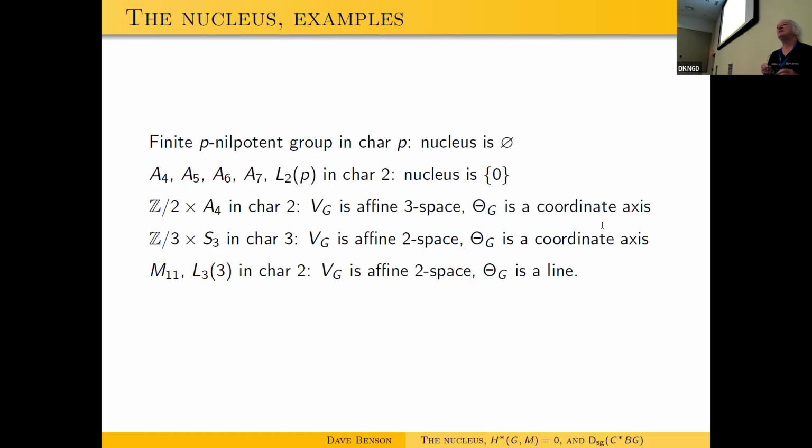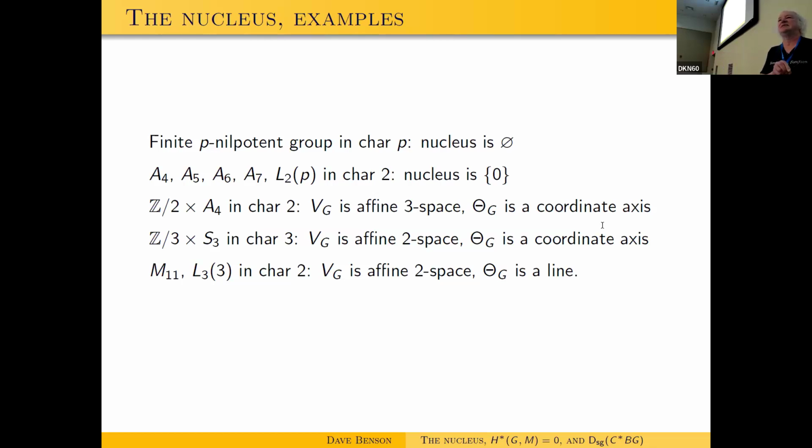In odd characteristic, the nucleus is always strictly smaller than VG. In characteristic 2, it can be equal. Quite a strange fact. But here are a couple of easy examples to think of with non-trivial nucleus. If you take Z/2 cross A4, well, of course, the centralizer of that Z/2 is not p-nilpotent, and so the variety of the inclusion of that Z/2 is actually in the nucleus.